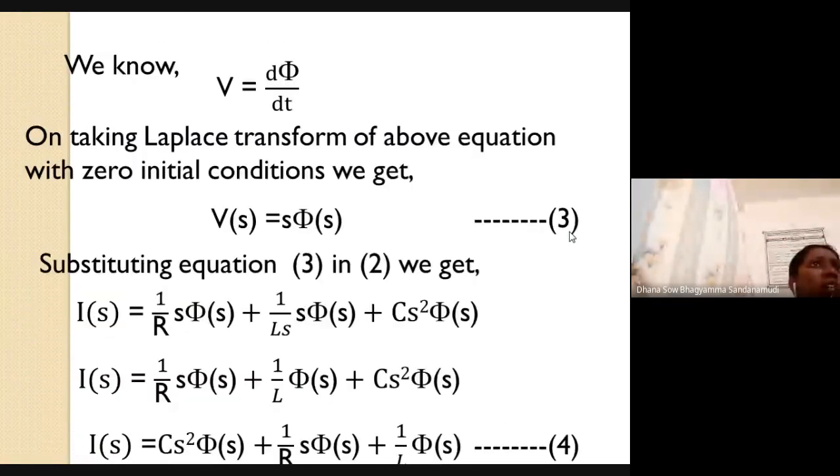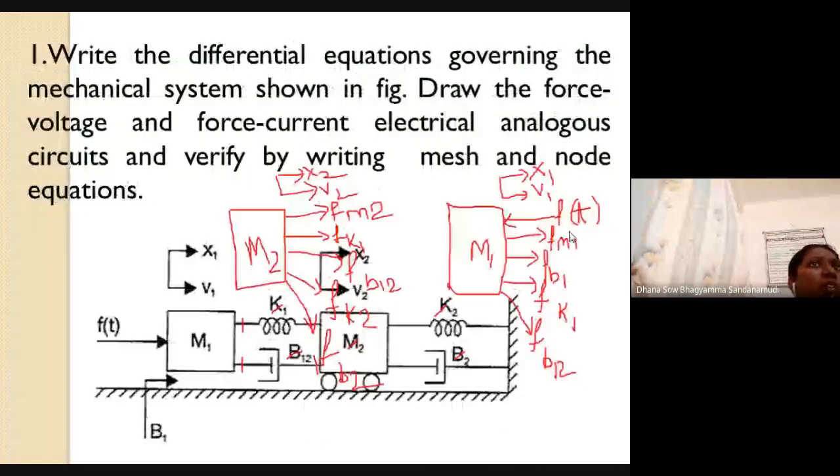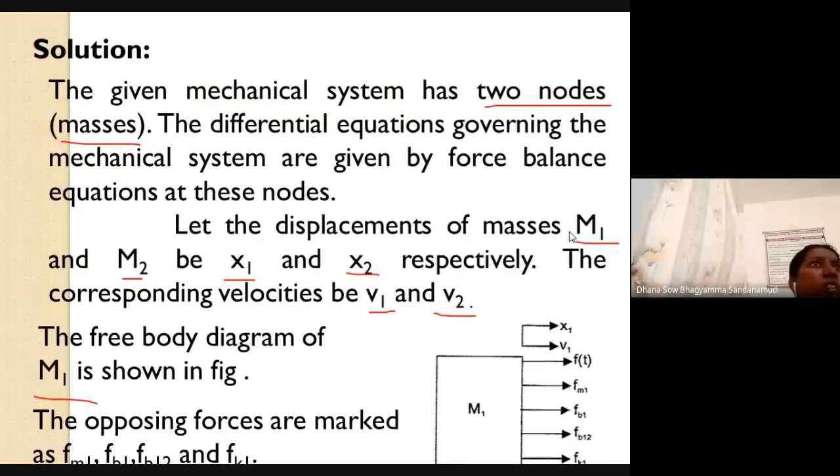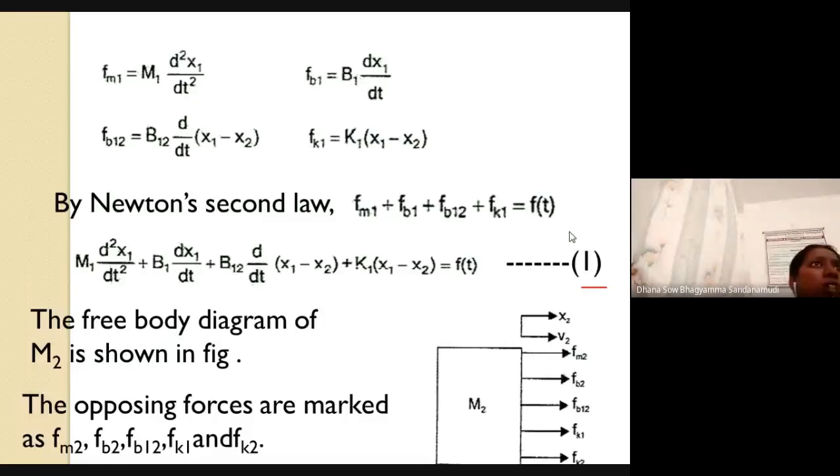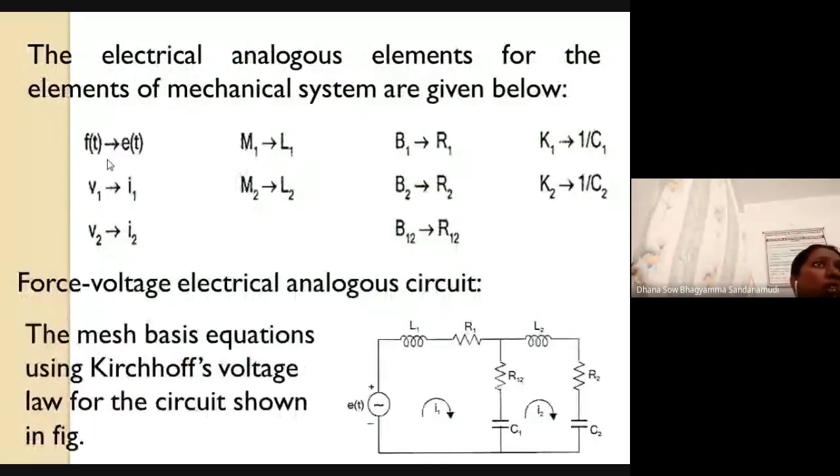So if you remember that, write down all the analogous terms here. Whatever mechanical terms you have here, write them down and replace them by their analogous elements.